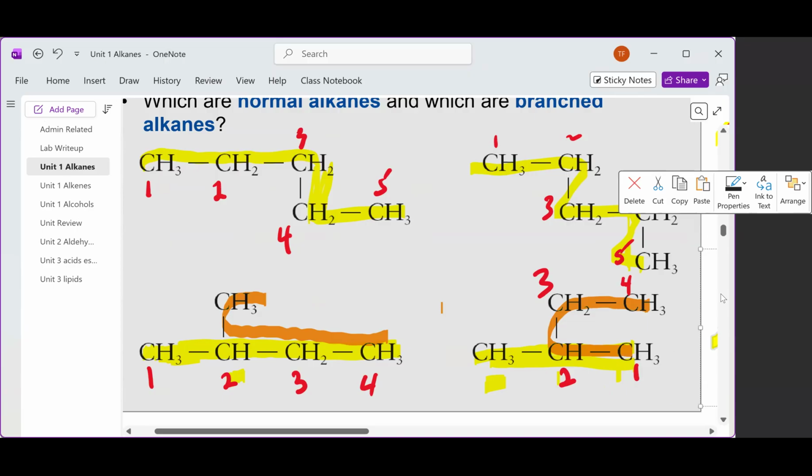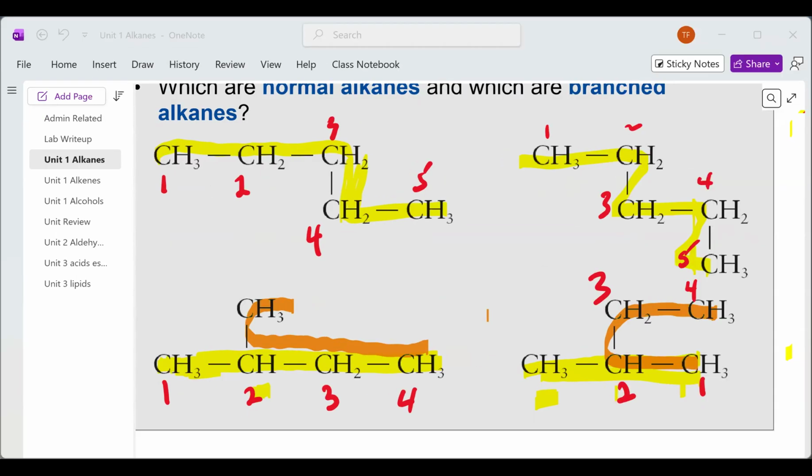And these two over here, these two, this one and this one, are the same molecule. Because remember, single bonds can twist, not a problem. So we can take this one and twist it into this one on the right. So the left and right top are the same molecule.